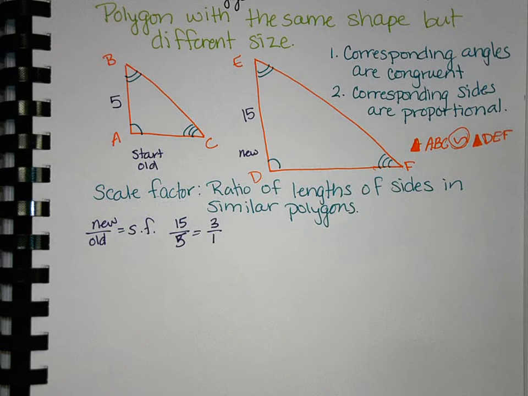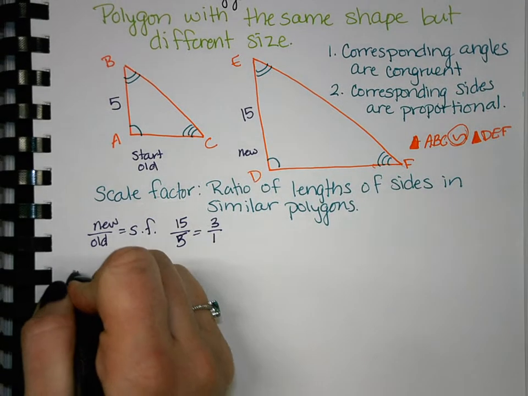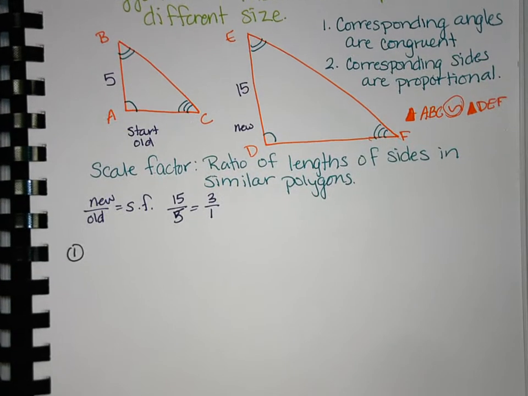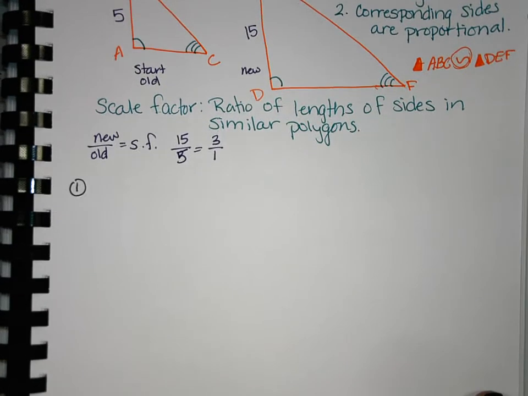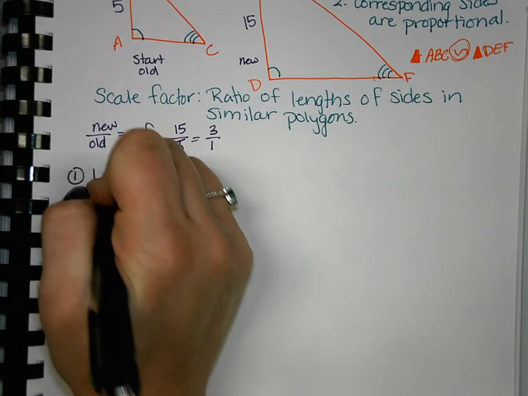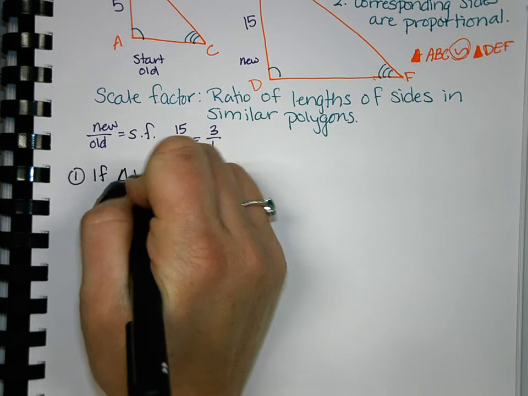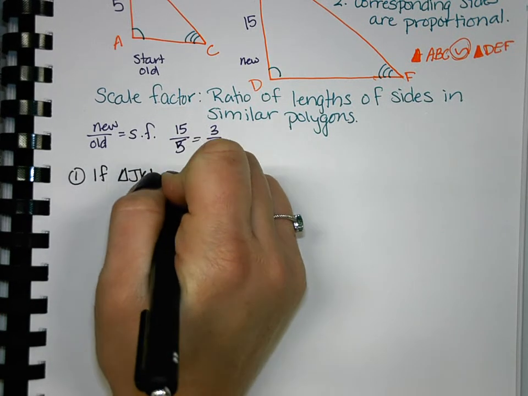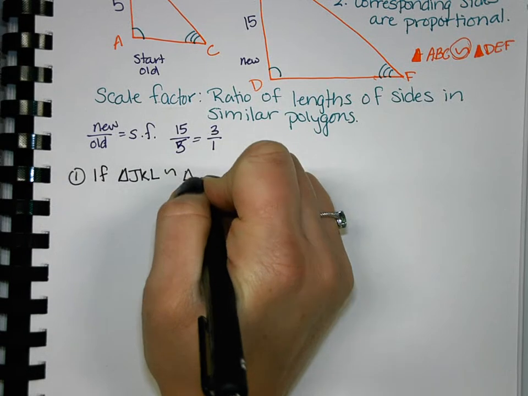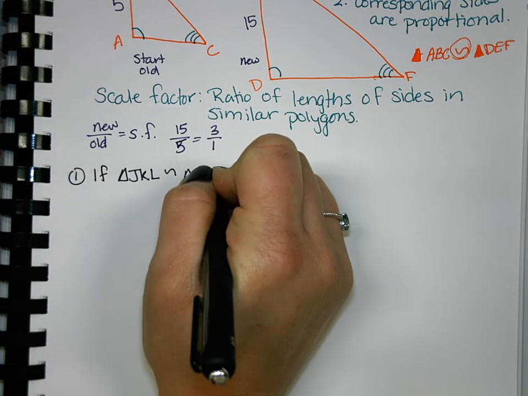Okay, so let's start with just being able to match up like sides. Here I'm going to draw a triangle JKL, and I know that it's similar to triangle PMN.